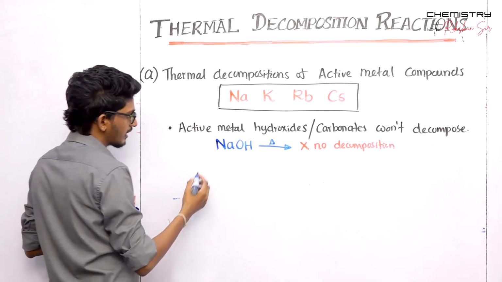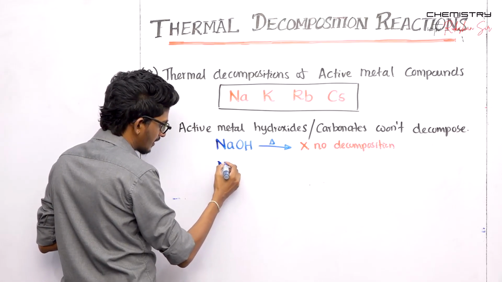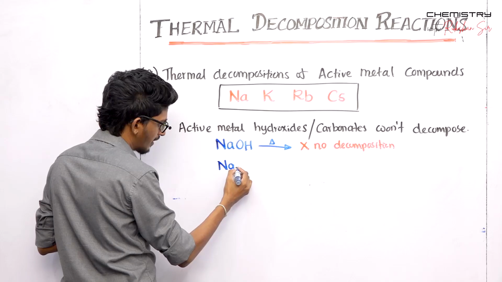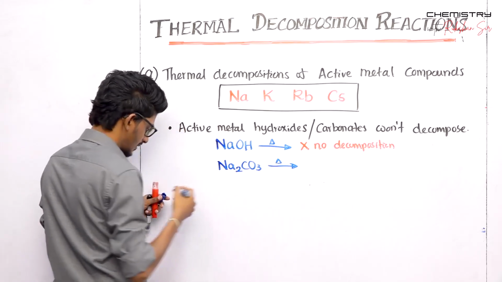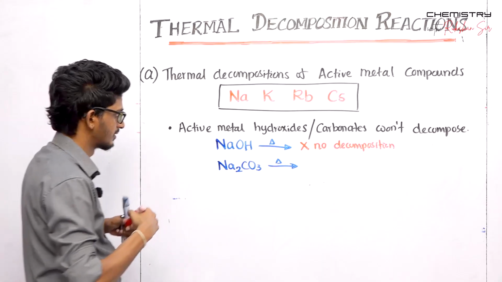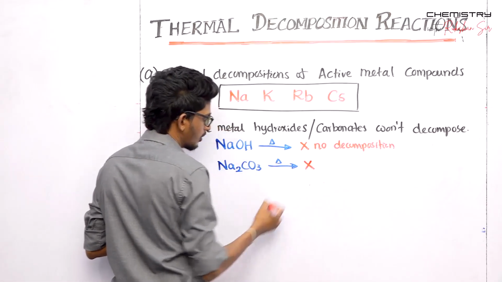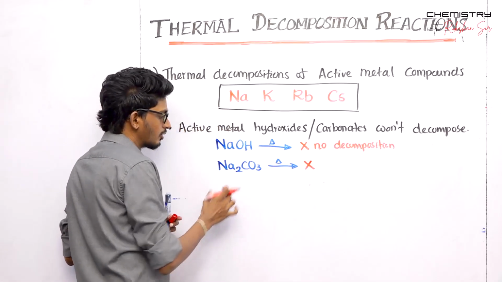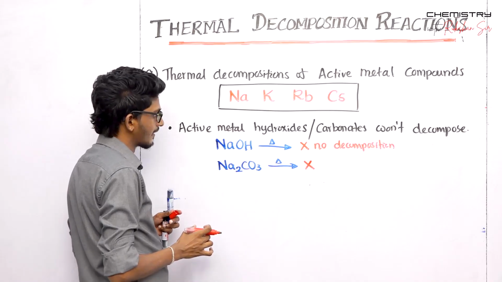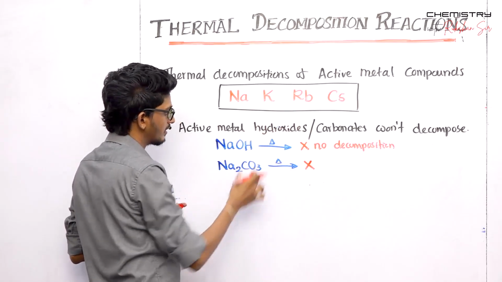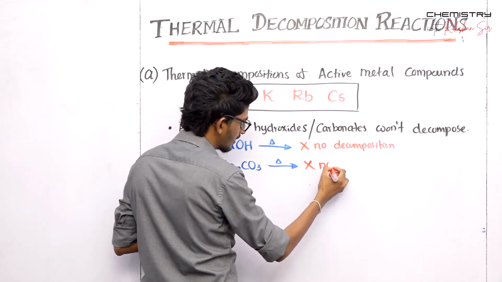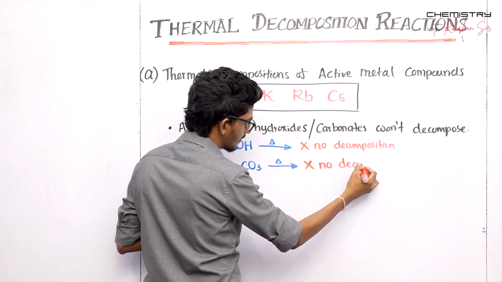If you try to decompose the carbonates of active metals, same thing. No decomposition occurs with the active metal carbonates. Not only sodium carbonate, but also potassium carbonate, rubidium carbonate, and cesium carbonate won't get decomposed.